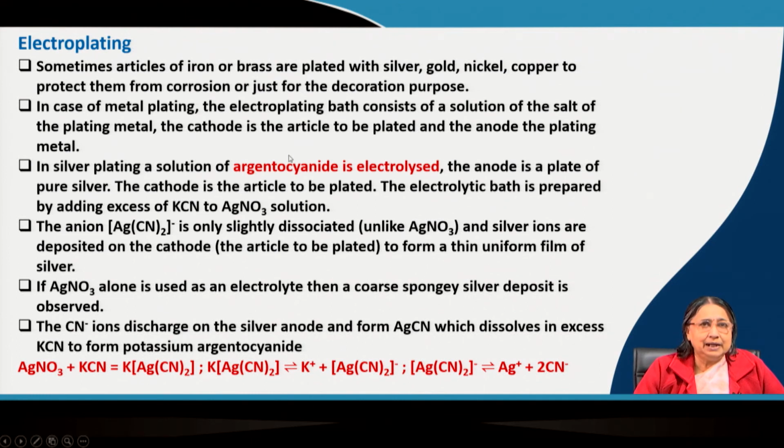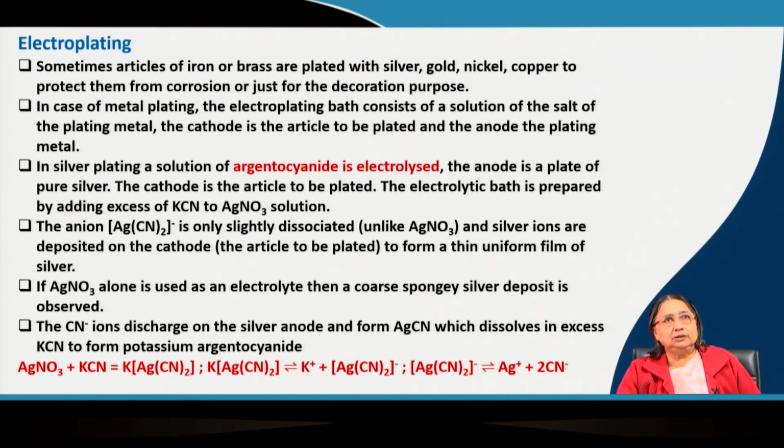Now, the important part I will tell you: in case of metal plating, the electroplating bath consists of a solution of the salt of the plating metal, say, for example, silver or gold. So, that salt is there in the electroplating bath, and we use a cathode.